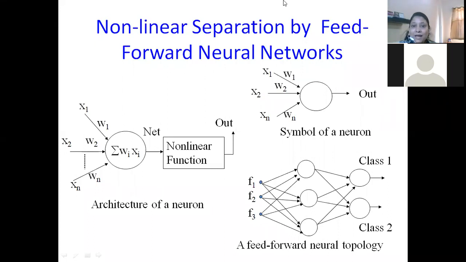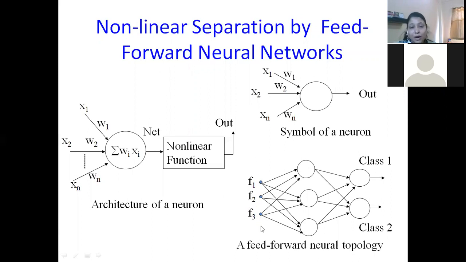Now whenever we have this kind of symbol of a neuron, this is what we have studied as the feed forward neural topology, because in a feed forward neural topology, as we just learned, links are moving in only one direction. So automatically links are moving in the forward direction.